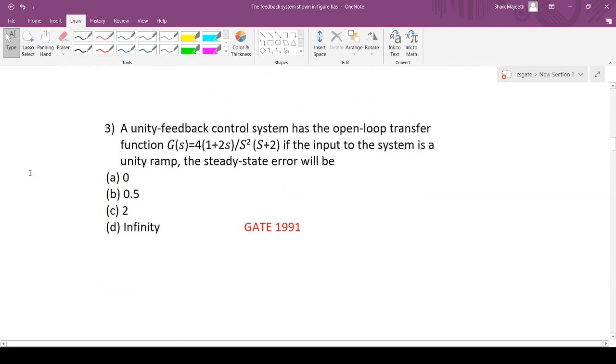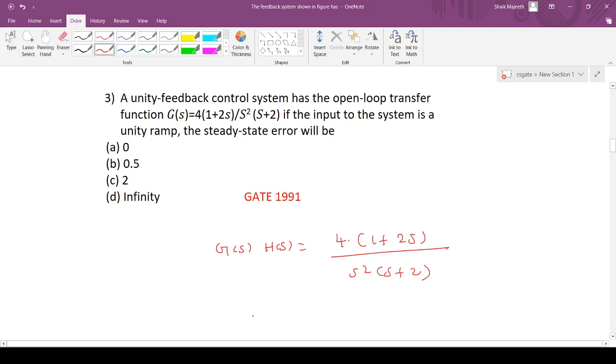Third question. A unity feedback control system has the open loop transfer function G(s) given. If the input to the system is a unit ramp, what is the steady state error? So G(s) H(s) is 4 into (1 plus 2s) divided by s squared into (s plus 2). The input is a ramp input.